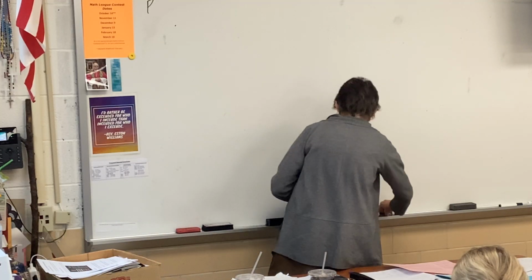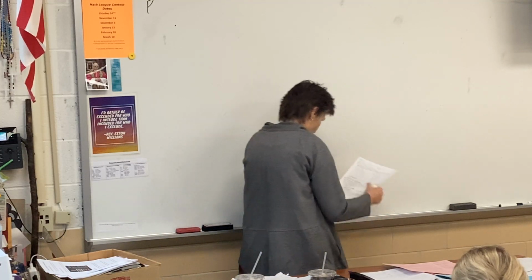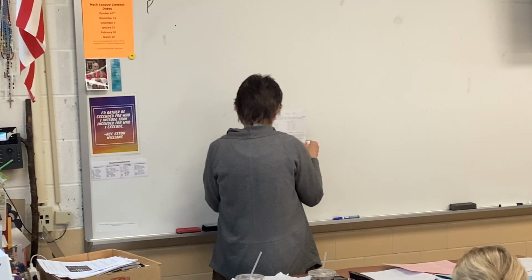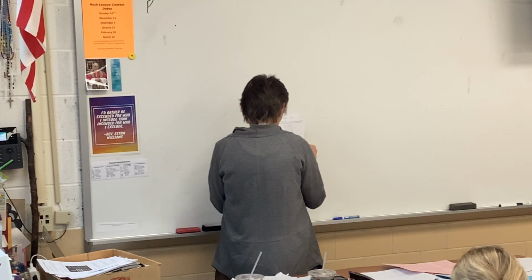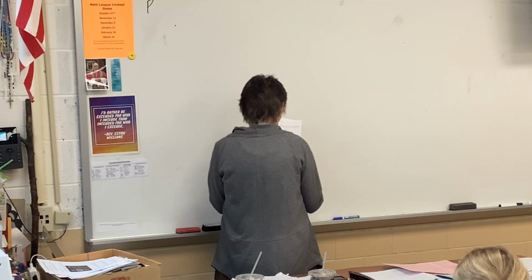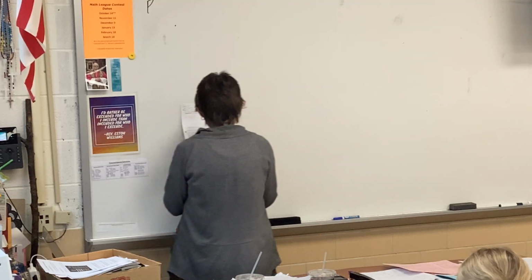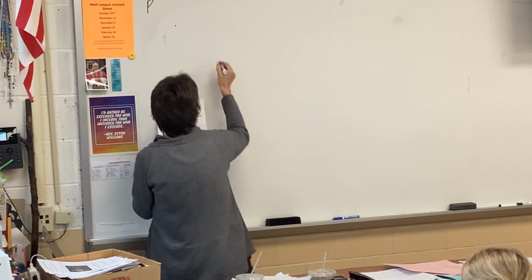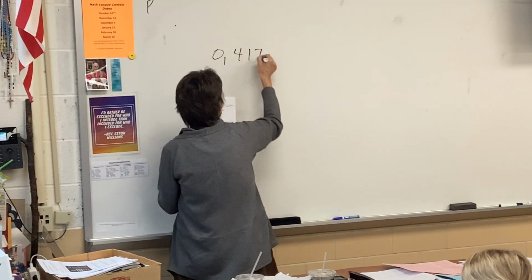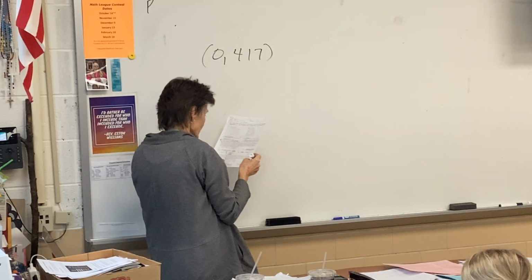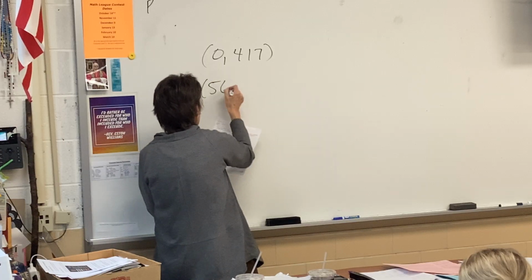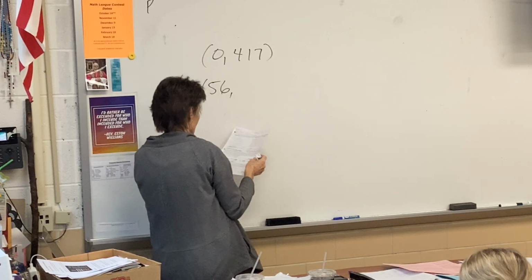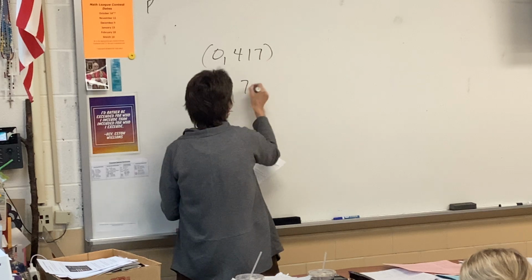Alright, here we go. Okay, so 1963 represents year 0. So 0, 417 would be one of my ordered pairs. And then year 56 is 714.